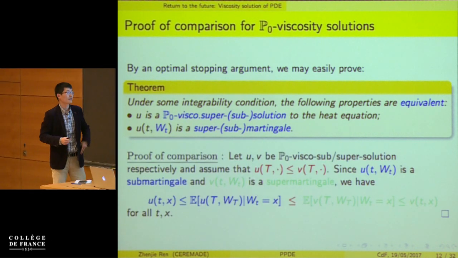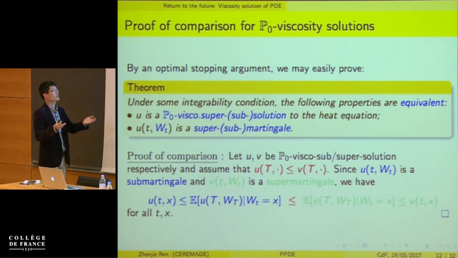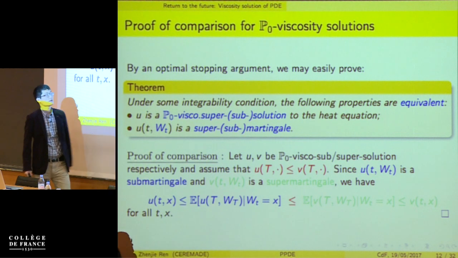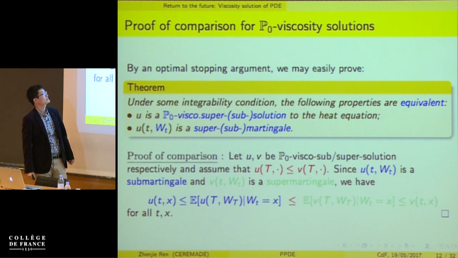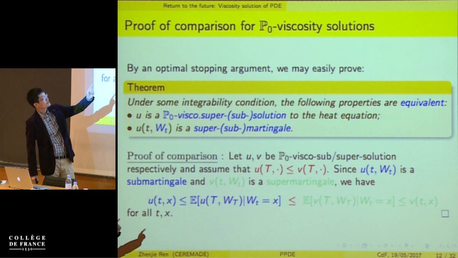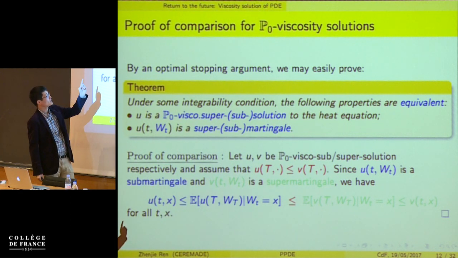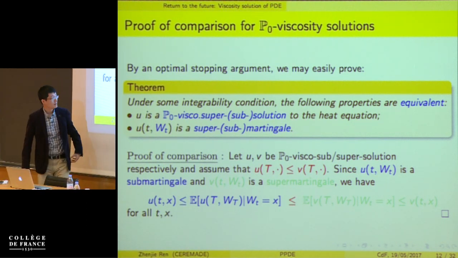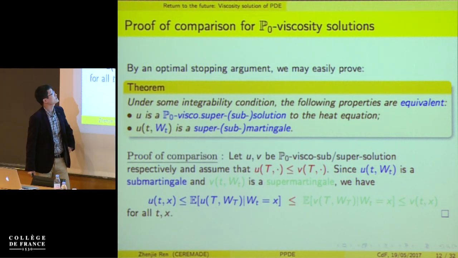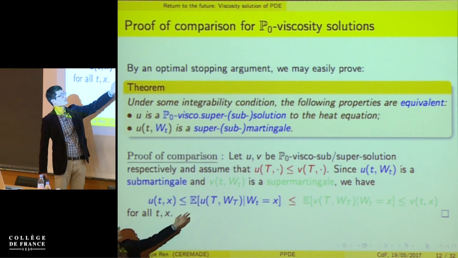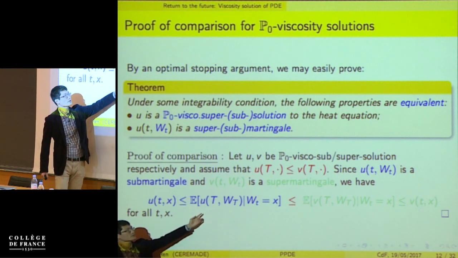So given U and V, sub and super solutions, with U dominated by V at the terminal time, since we have this lemma, the process U(t) is a sub-martingale, and the process V(t) is a super-martingale. First we use the sub-martingale property of U to get the first inequality: U(t) is less than the conditional expectation of U(T).